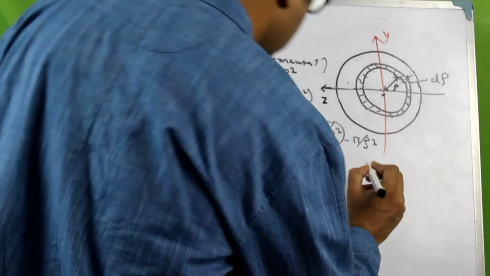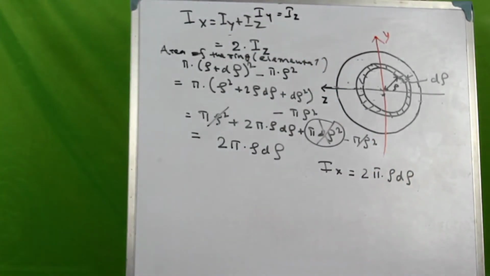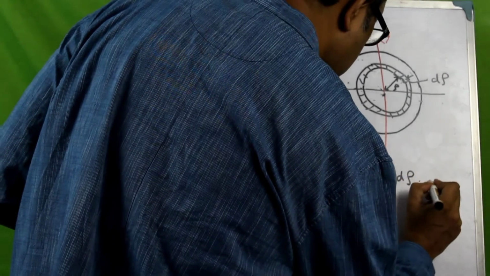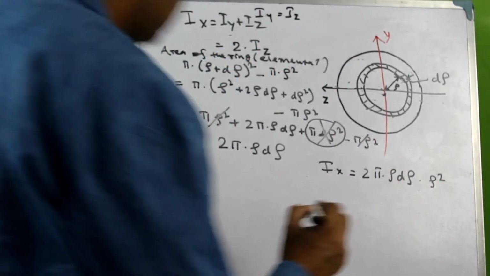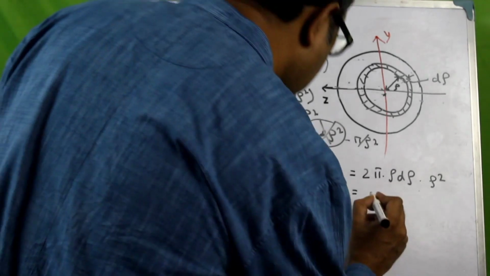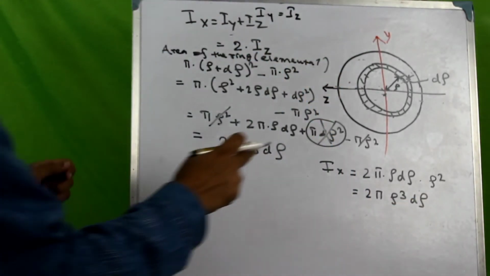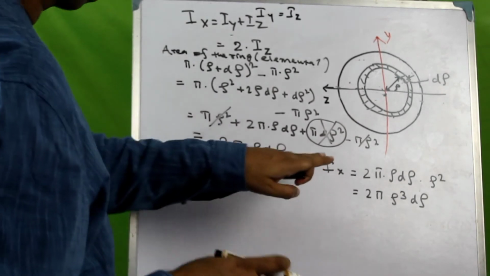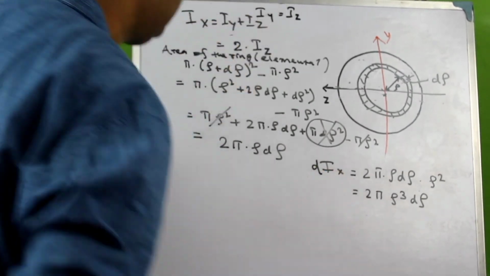So it would be 2 pi rho d rho into rho square. So this would be 2 pi rho cube d rho. Sorry, this is the moment of inertia of this elementary ring only. So it has to be represented by dIx.